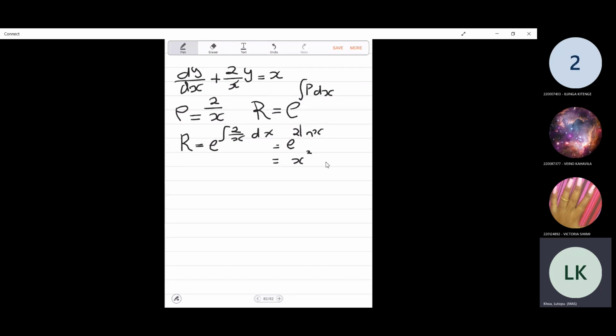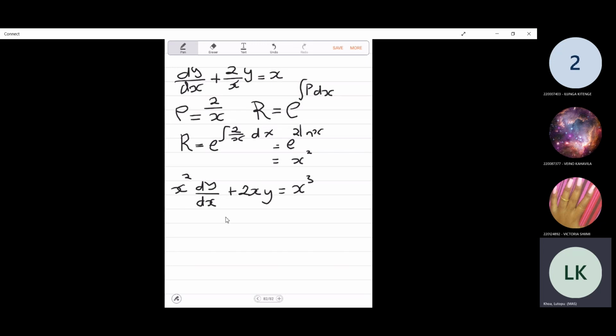So now that I have an integration factor, I'll multiply the entire differential equation by that factor. And then I have x squared dy/dx plus 2x times y is equal to x to the power of 3.